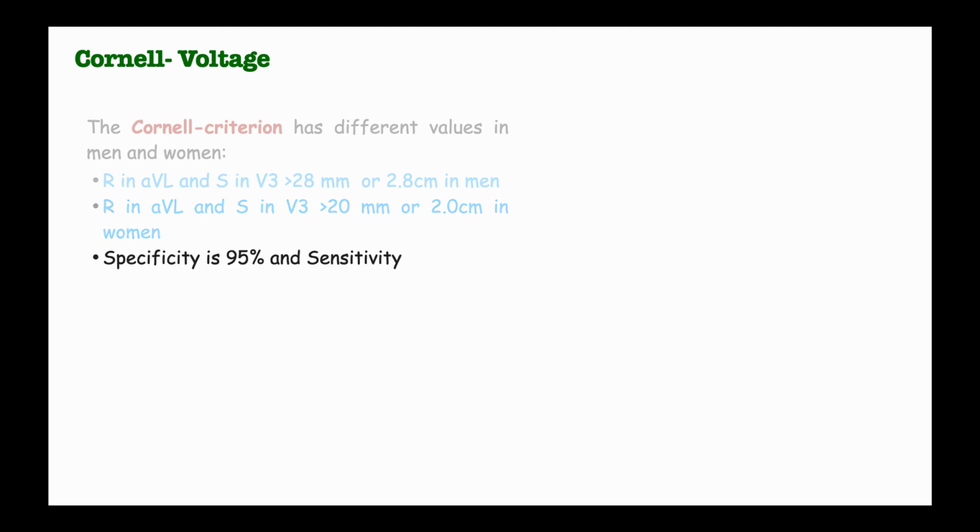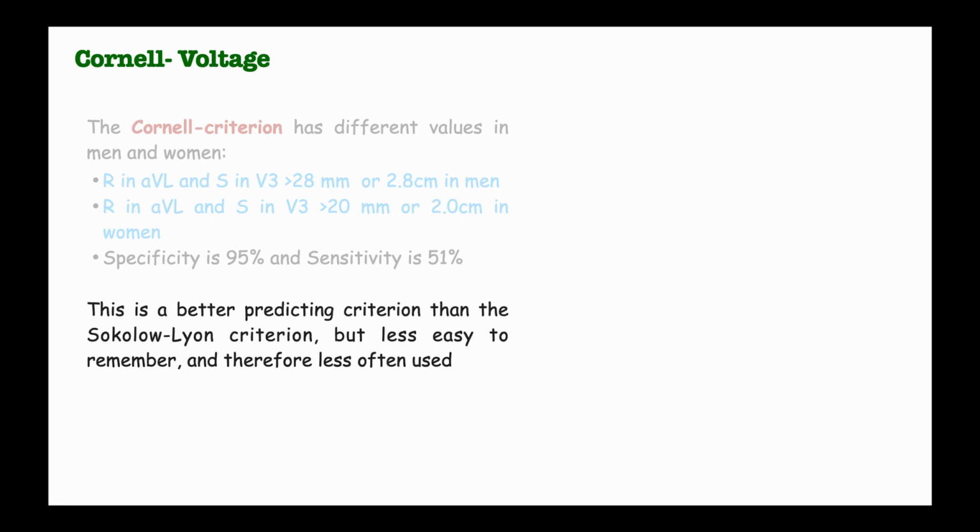This criteria increases both specificity and sensitivity, so it is much better than the Sokolow-Lyon test. It is just a bit difficult to remember, so we frequently use the Sokolow-Lyon index. Like I said, this gives us a better prediction of left ventricular hypertrophy.